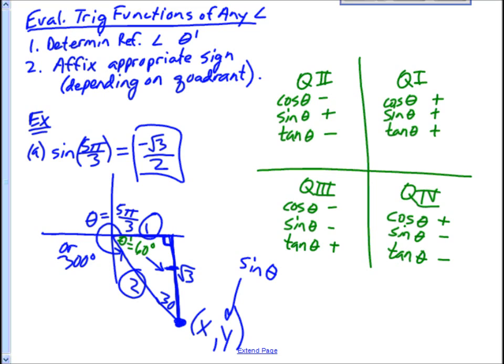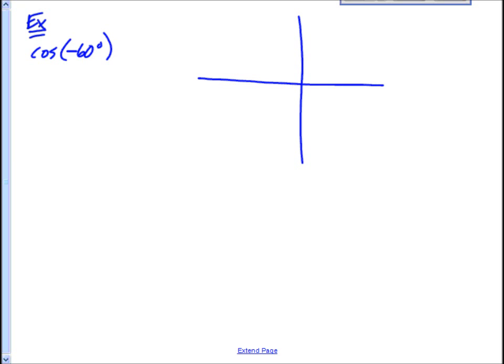Let's say we have, let's see, how about cosine negative 60 degrees? Cosine negative 60 degrees. Okay. So I've rotated negative 60 degrees, right? And what's my reference angle? Well, guess what?